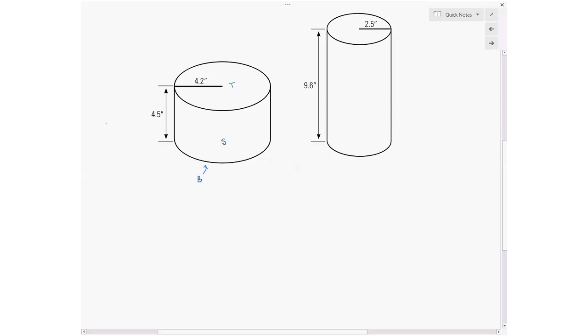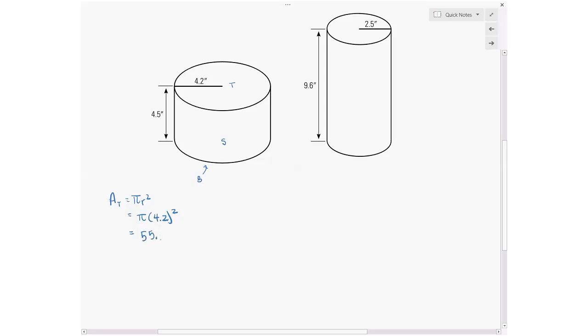And we saw that the area of a circle, so the area of the top in this case, would be pi r squared. So that would be pi times the radius, which is 4.2 squared. And that would give me, let's throw that into our calculator really quickly, pi times 4.2 squared equals 55.4.